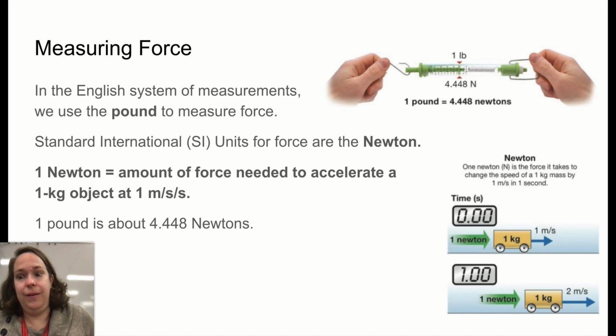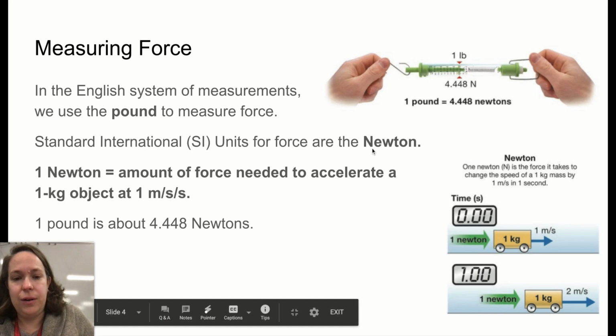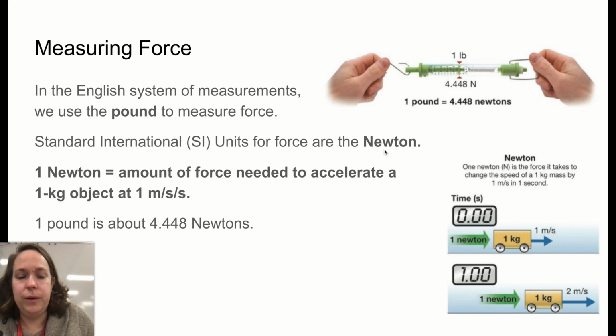In science, of course, we use different units. Those units are called the Newton, named after, you might guess, Isaac Newton, since he was one of the first and definitely most well-known people to study forces. 1 Newton is the amount of force needed to accelerate a 1 kilogram object by 1 meter per second per second.